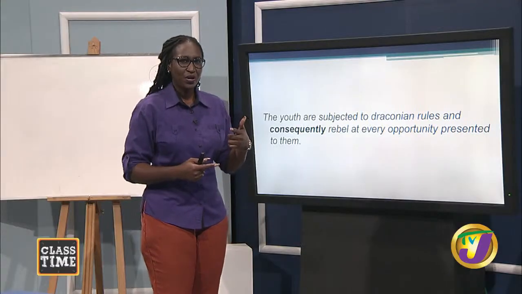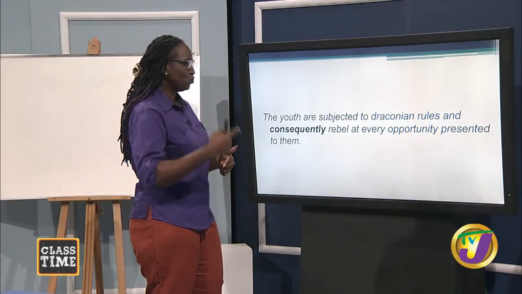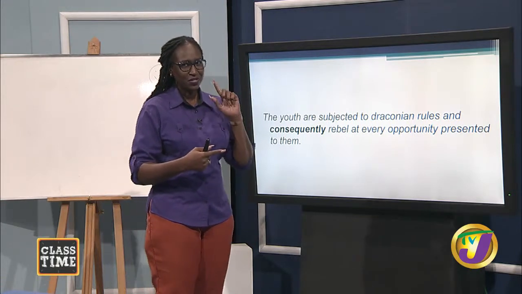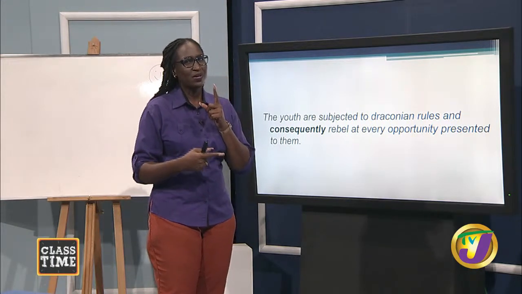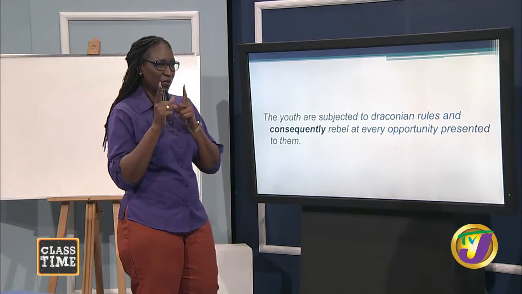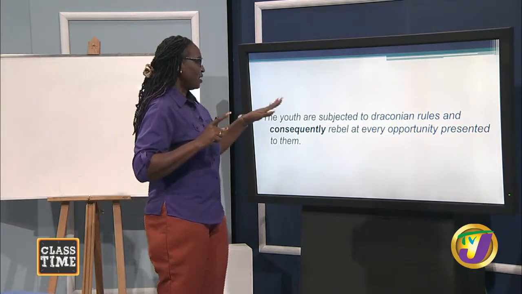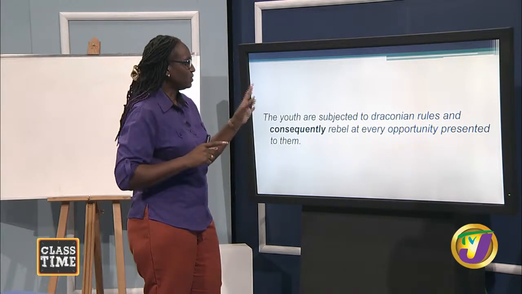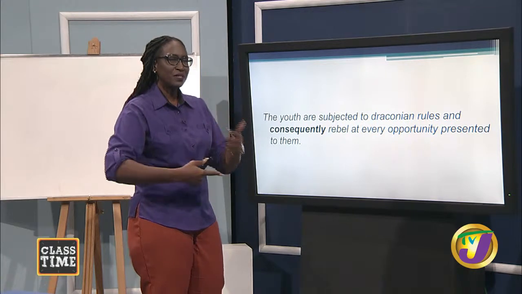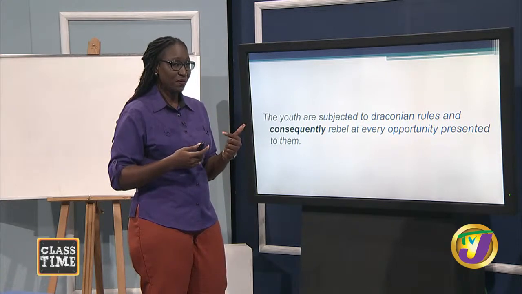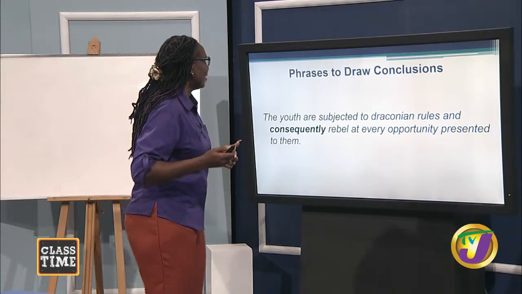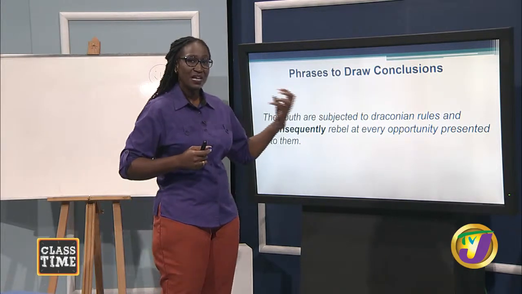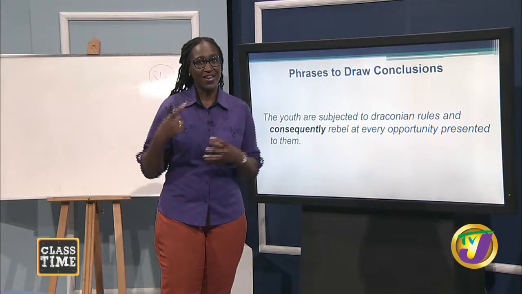The youth are subject to draconian rules, and consequently, there's a popular term you would use: as a result. They rebel at every opportunity. If you would use "as a result" in place of "consequently," what is going on? You remember? Yes, you do. You're drawing a conclusion. You have said, because this happens, then naturally that will happen.